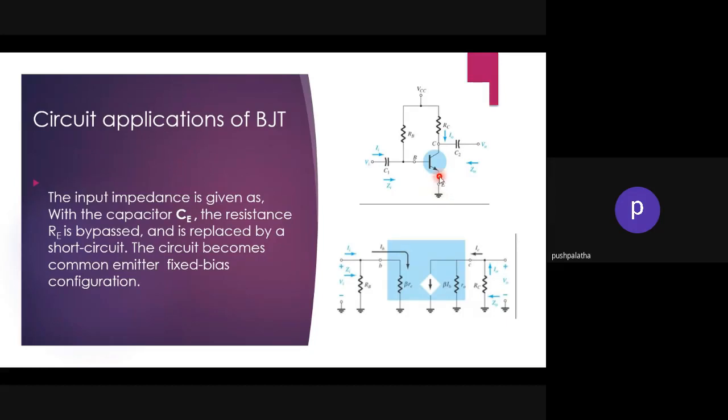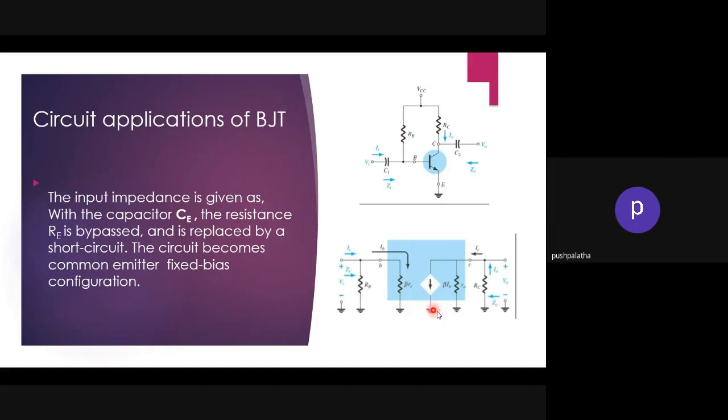There is no RE; I have a short circuit here. Now it is a common emitter fixed bias configuration. I have also drawn the small signal equivalent model for convenience. So RB, this is your small signal model.